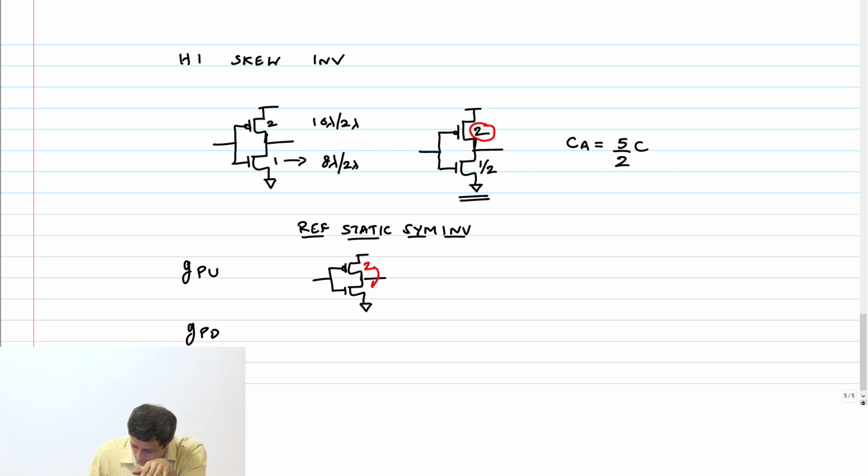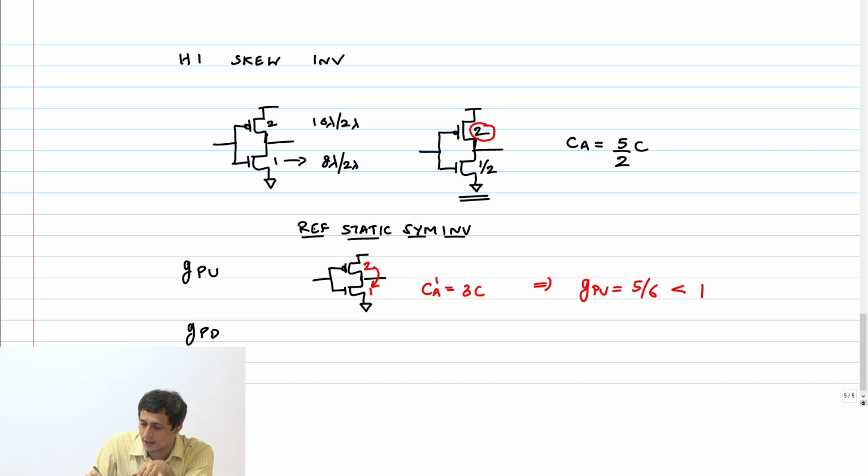Therefore, this will give me 1 here. And therefore, the capacitance C_a prime will be how much? 3C. And that implies the g_PU is how much? 5 by 6. Obviously, this is less than 1.